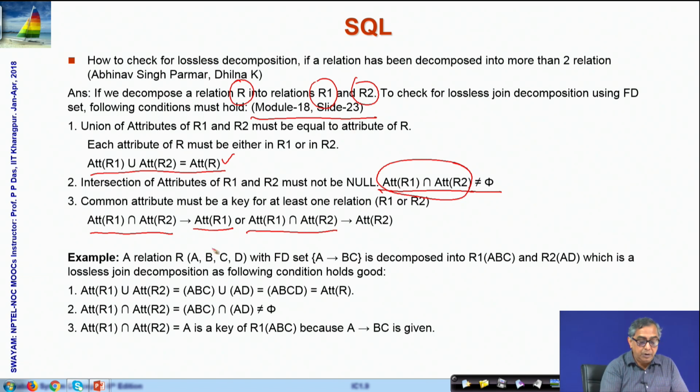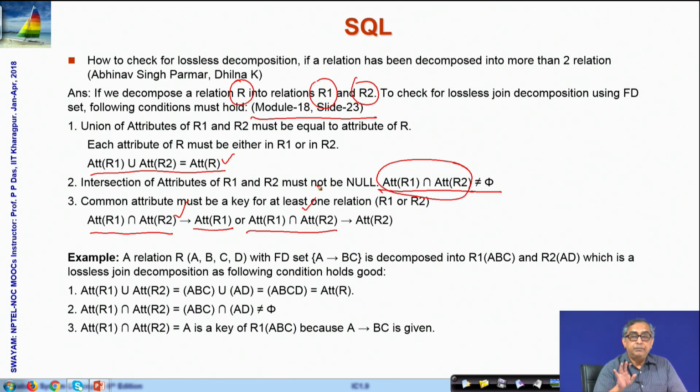At least one of these conditions must get satisfied. So, the first one is the basic definition of decomposition, that the union set has to be equal. The second condition is the fact that a natural join can be defined, common attributes are there.